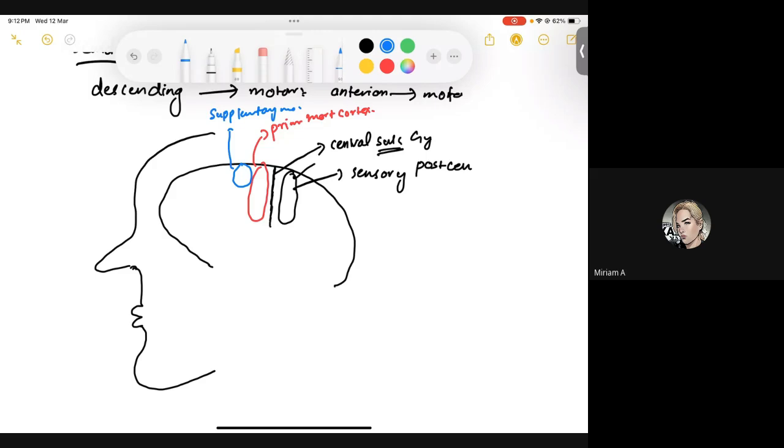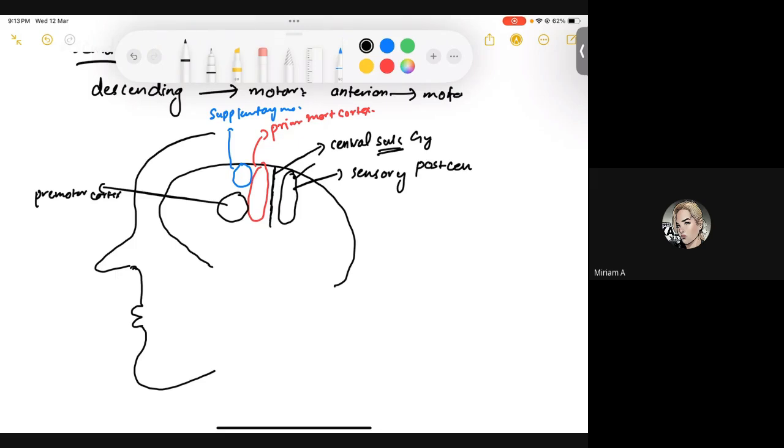And in front of primary motor cortex and beneath supplementary motor cortex, you have an area known as the premotor cortex. All of these three areas are responsible for generating a motor response.